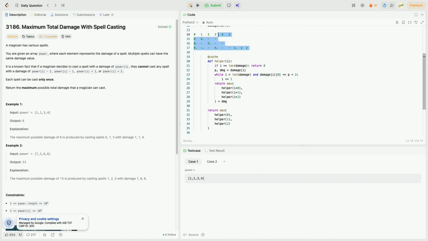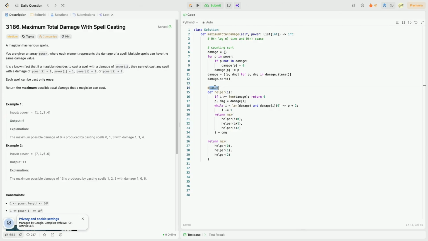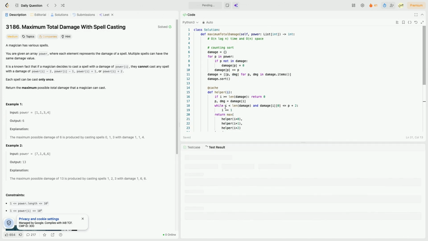I'm just going to use the cache annotation in Python, which makes sure that we store the return value of the helper function when it's called with the parameter I. Every time we go into the recursive call, we have a branching factor of 3, which means that many of the previously computed helpers of I would be recomputed unless we cache the result of previous computations.